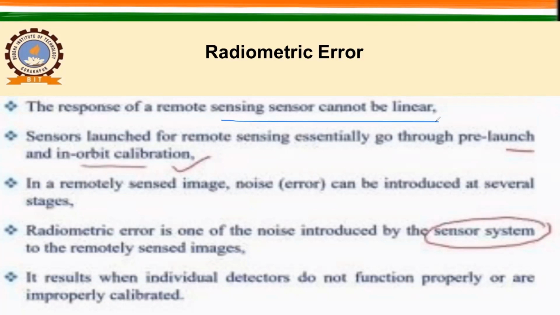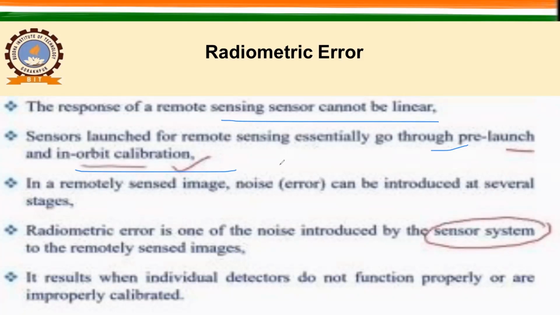Sensors launched for remote sensing essentially go through pre-launch and in-orbit calibration, because these calibration values, do you remember again, offsets and everything, were used to convert this DN value to radiance. Okay. This is basically the pre-launch. After that, what we do is, this sensor has to go through pre-launch and in-orbit calibration.